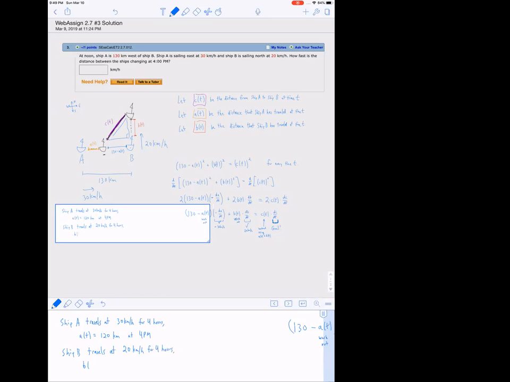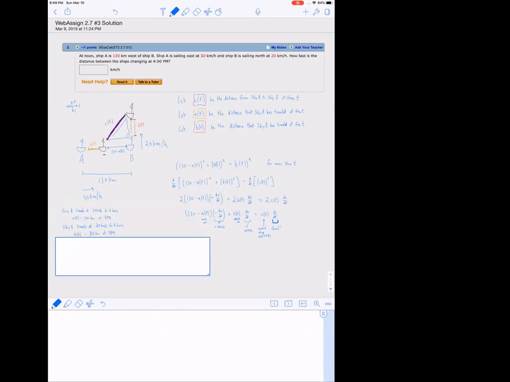So B of t is equal to 80 kilometers at 4 p.m.